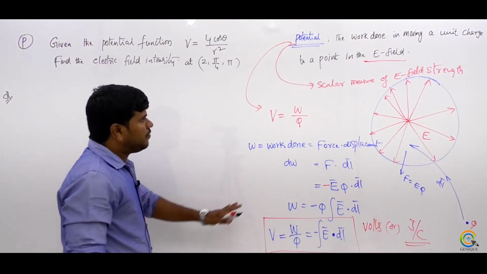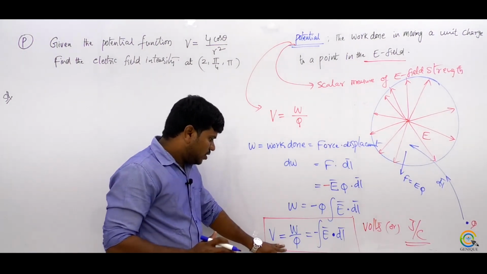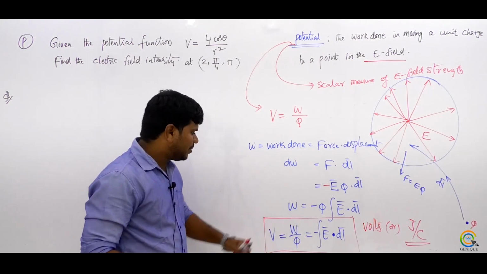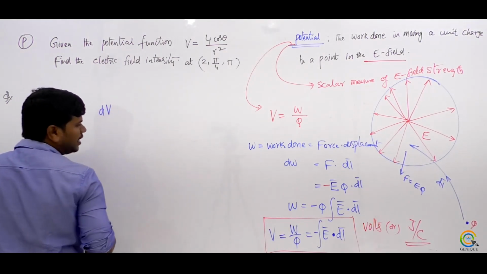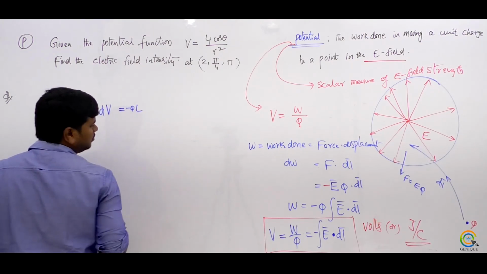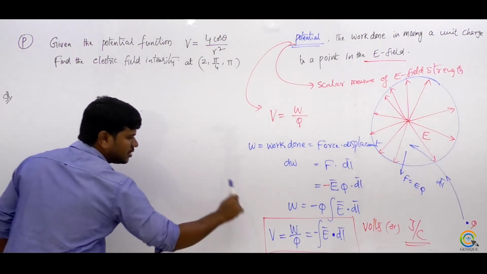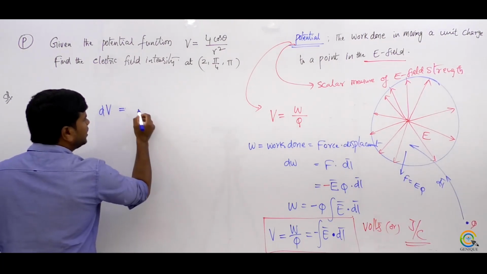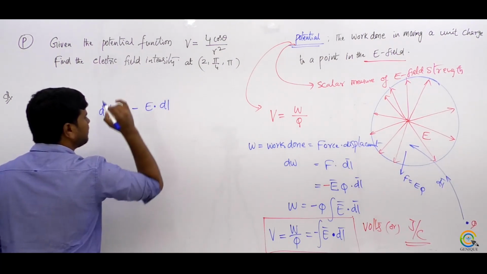Suppose from this, what can I write? So observe this, it is V, it is E dot dl. So if I differentiate this V, then what will I get? dV is equal to minus E dot dl.